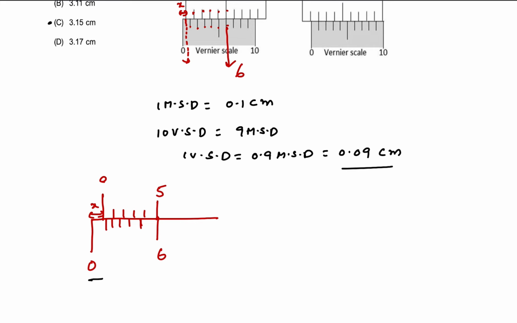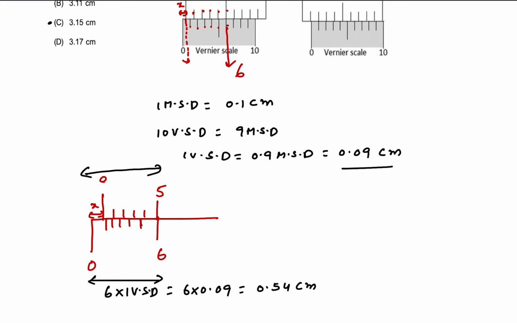Now you see this gap is equal to how much? 6 into 1 VSD, that is 6 into 0.09, we can write 0.54 centimeters. Fifth division is only coinciding now.